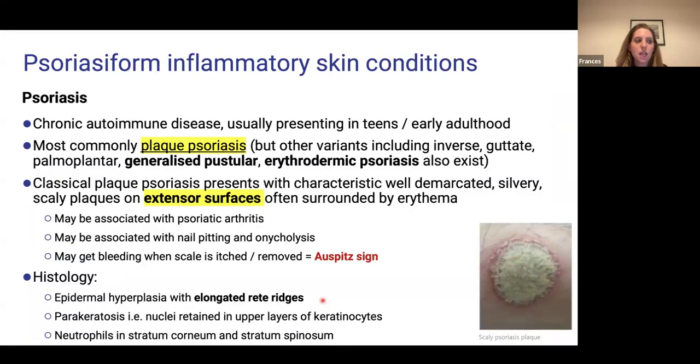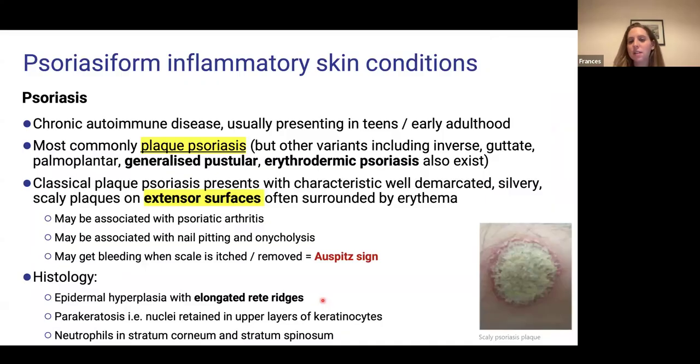Then when it comes to the psoriasiform conditions, this is your different categories of psoriasis. So psoriasis generally is an umbrella term for these chronic autoimmune diseases. They usually start to present in teens or early adulthood, and it's got quite a complex pathophysiology. You don't really need to know about it.